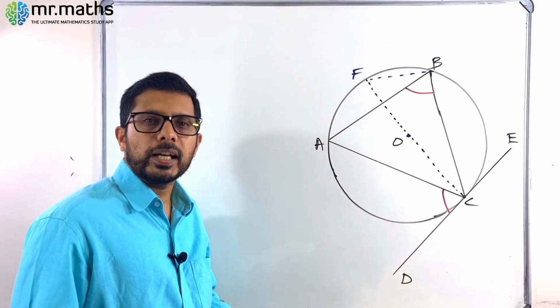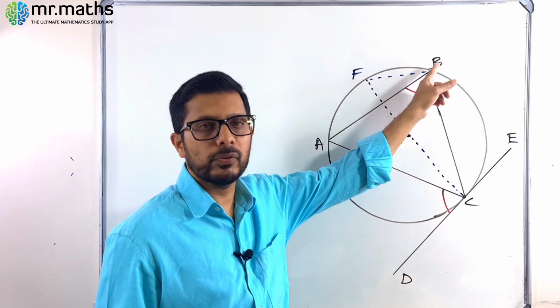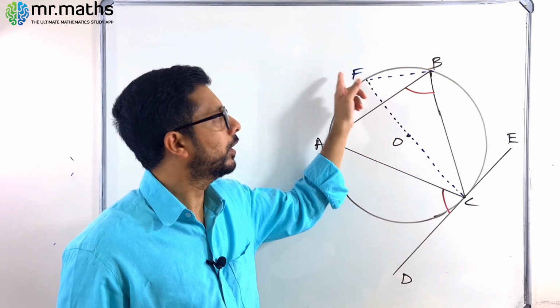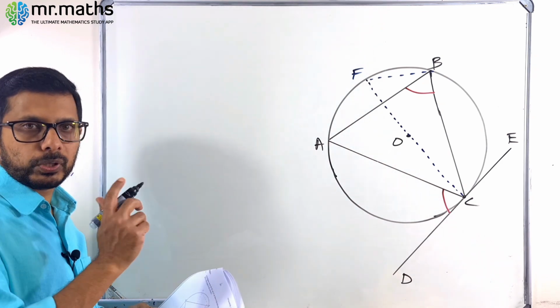Actually this diameter CF and FB was not there, so we constructed that. That is why I draw it with a dotted line. Also, if you construct something to prove a theorem, you have to write the construction.